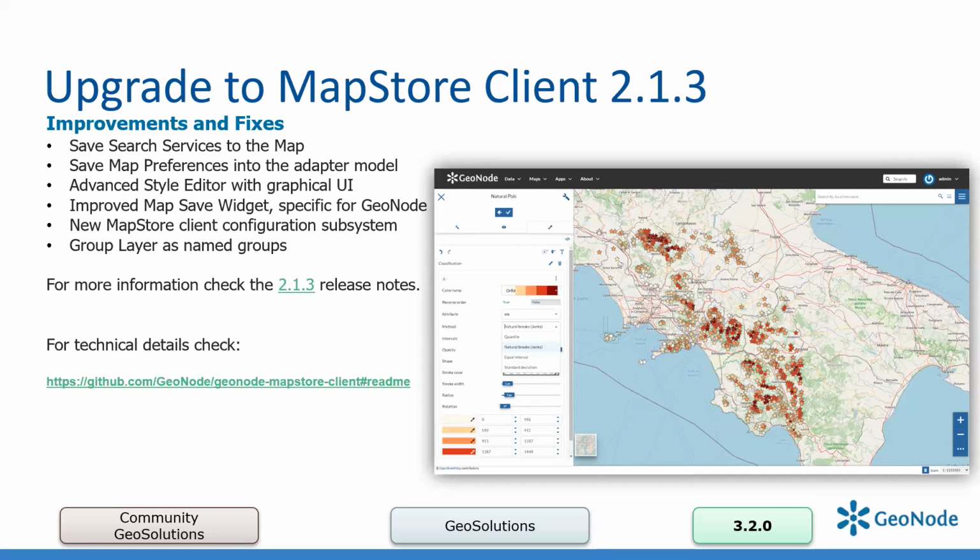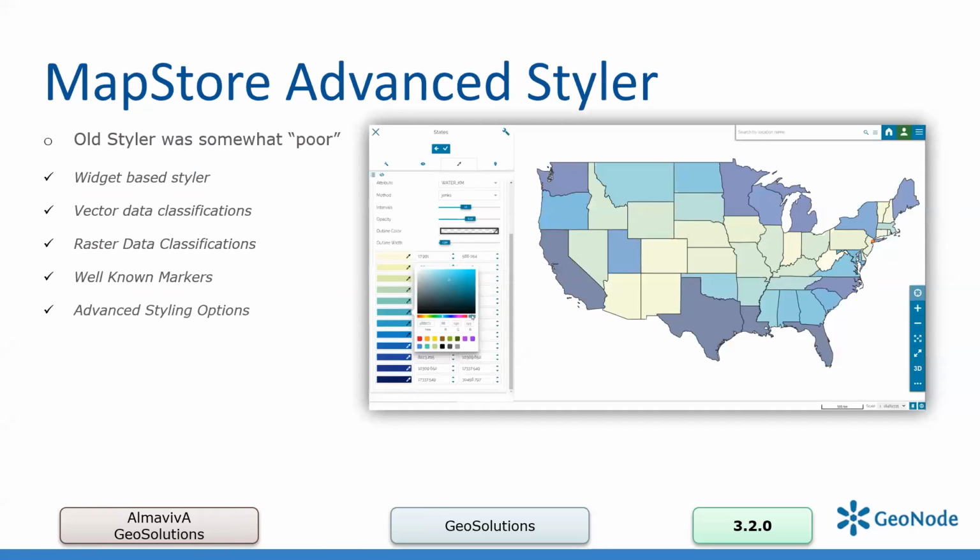And it is also possible to save and create subgroups in the table of contents in order to organize the layers on the map better. Let's see a bit more of the details on the next slides.